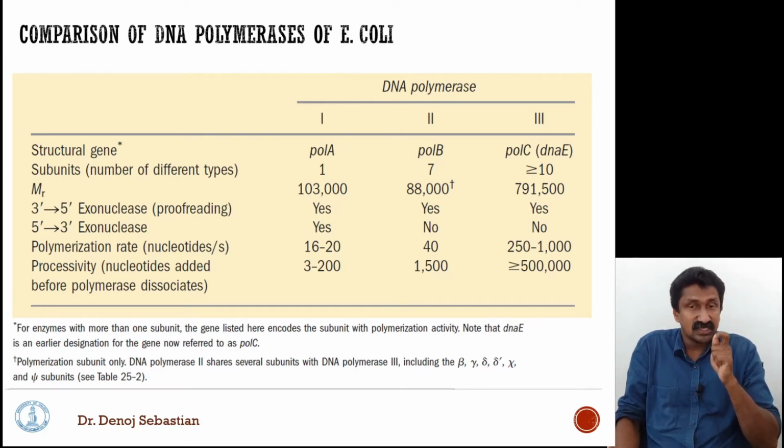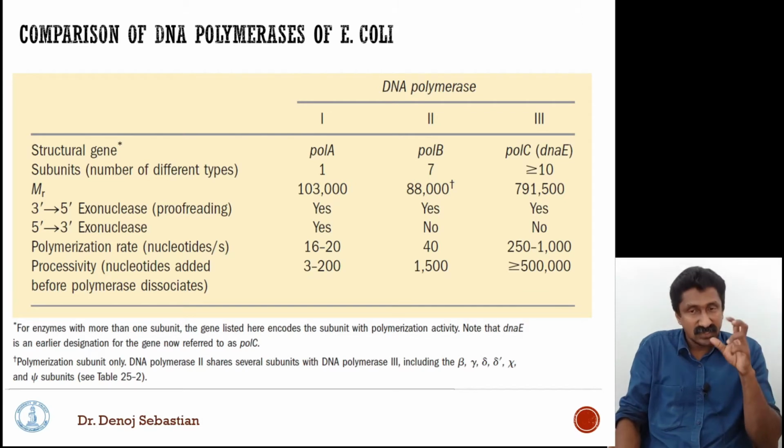There the template is RNA, so the reverse transcriptase enzyme is an RNA dependent DNA polymerase. Then there are replicase enzymes, which is RNA replicase, in which the RNA is used as a template and RNA is produced during the process.